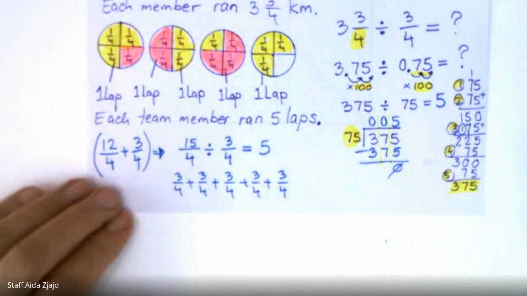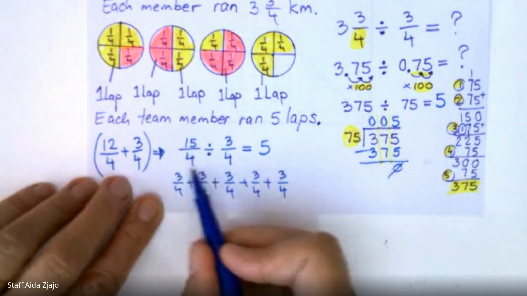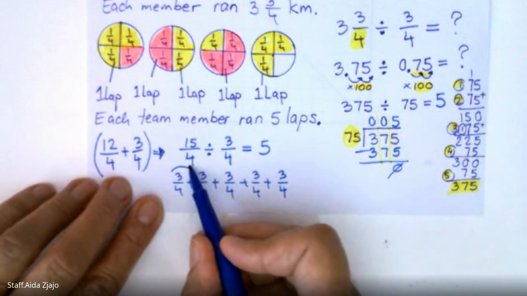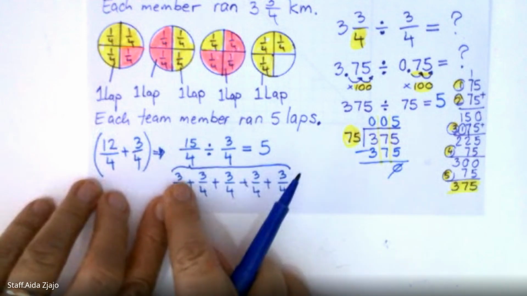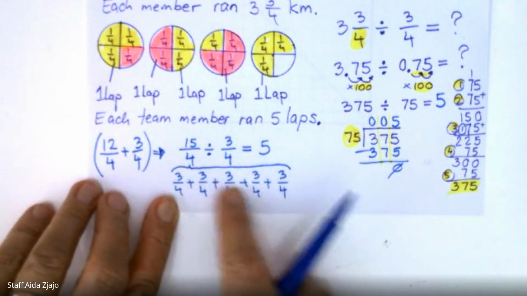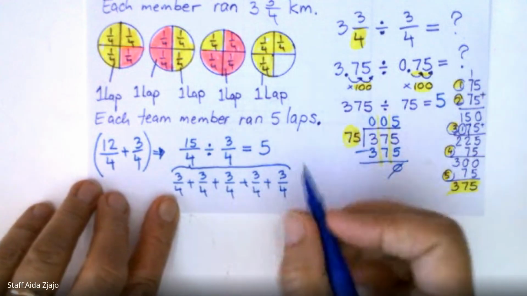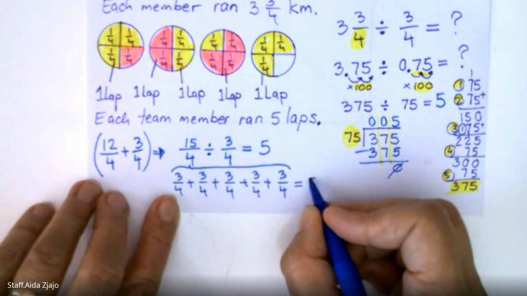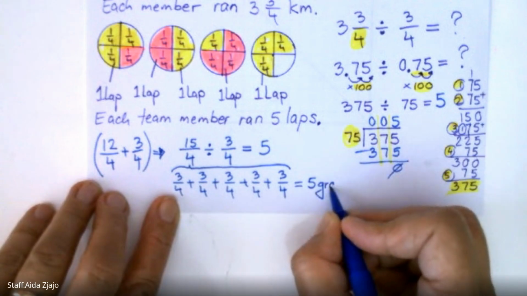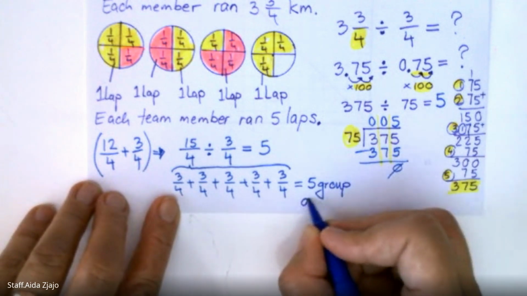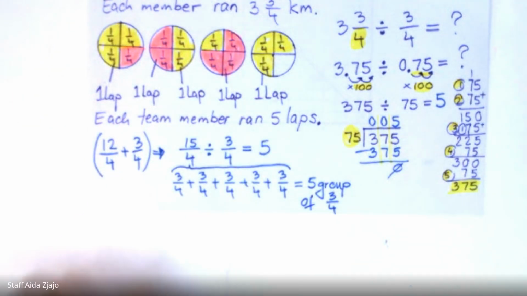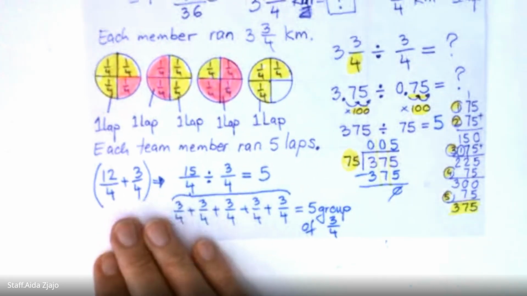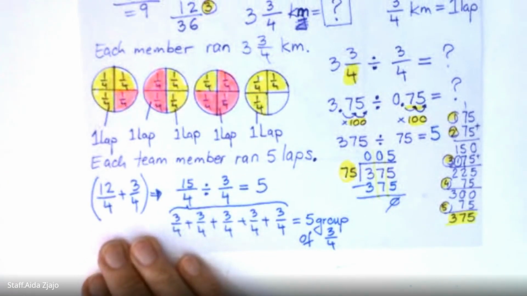So I am sharing these 15 fourths into groups of 3 fourths. So then finally I have 5 groups of 3 fourths. Okay, so I hope that makes sense to you and it helps.